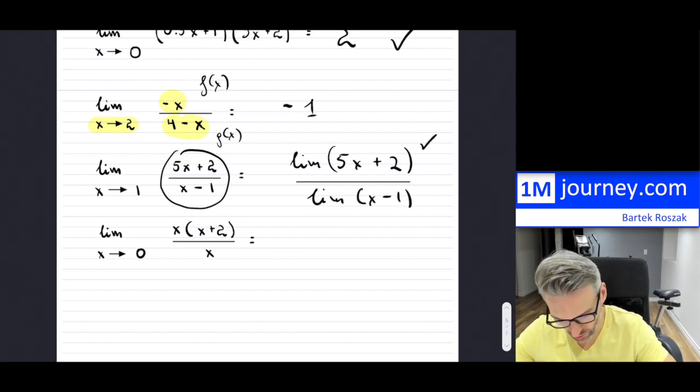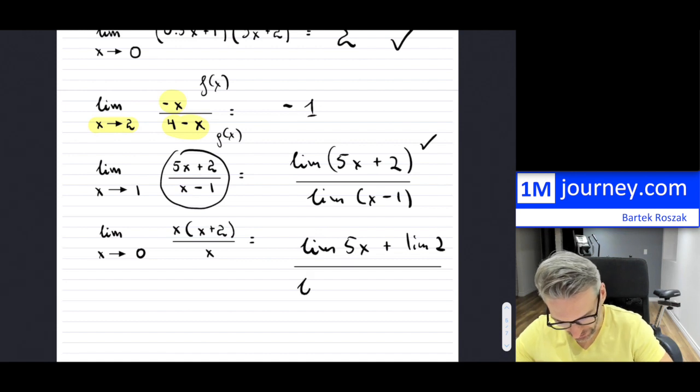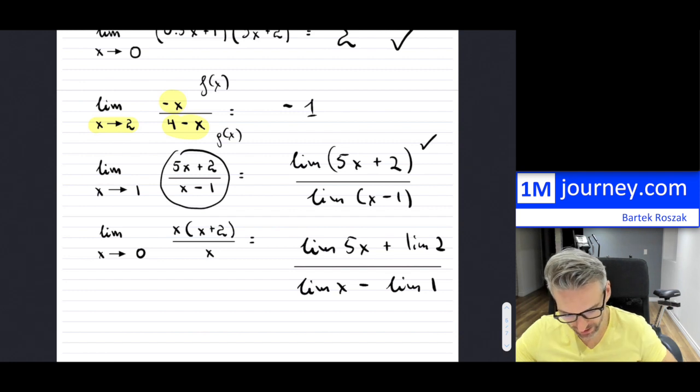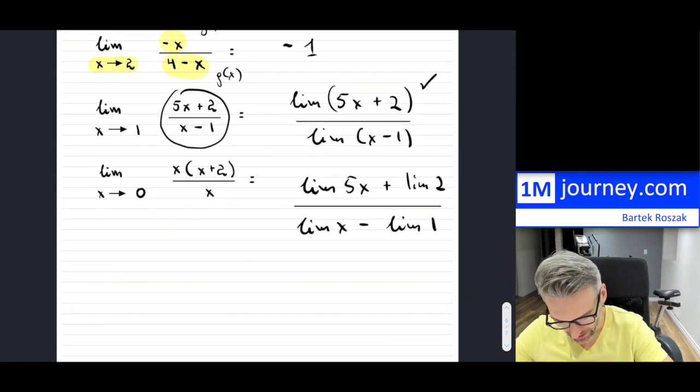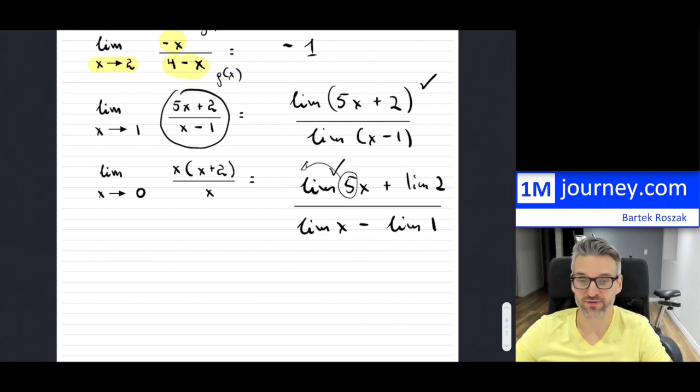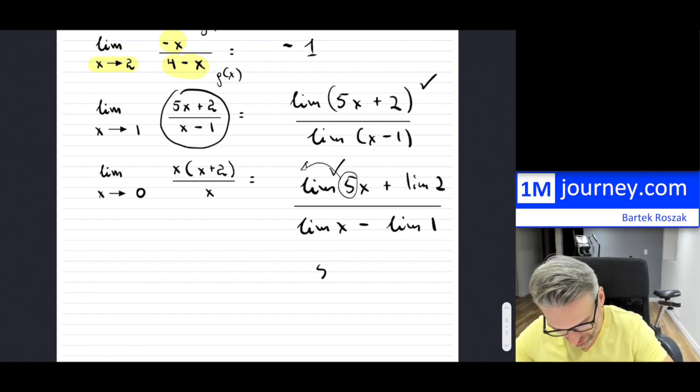If I do the numerator, I'm going to get the limit of 5x plus the limit of 2, and then all over the limit of x minus the limit of 1. So far so good. Now, this 5 I can bring outside, so I'm going to get 5 times the limit of x as it approaches 1, which is simply 5, plus, this is just a constant, 2.